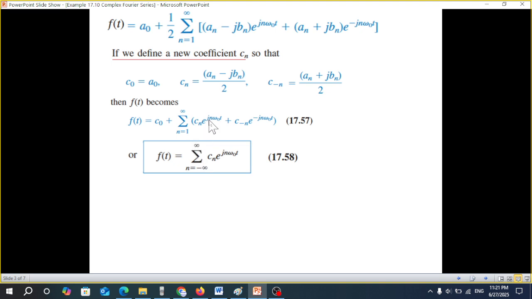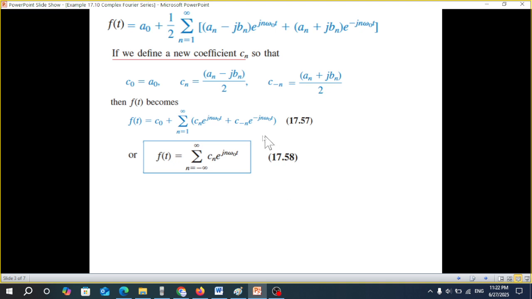Remember this one, we were going from n equals 1 to infinity, and then in the case of negative n it will be minus infinity, and that will also include the zero term, that is C0. So all the terms are included here.